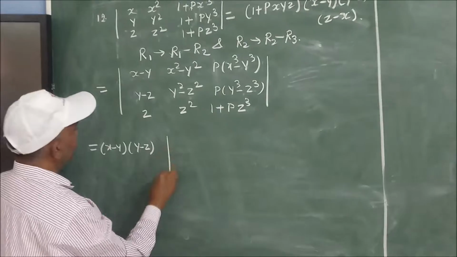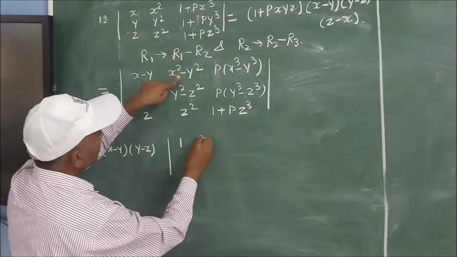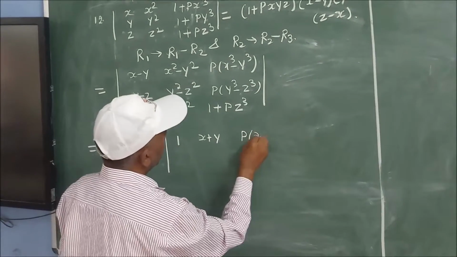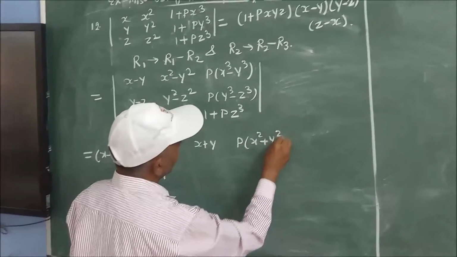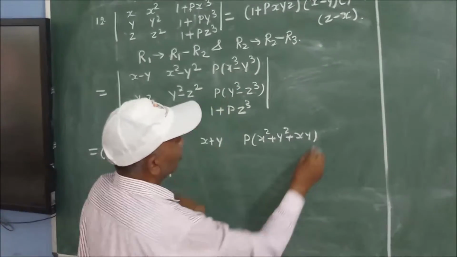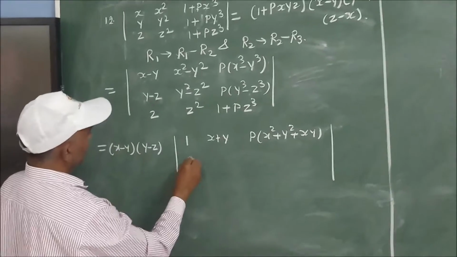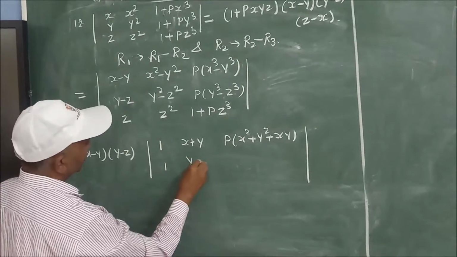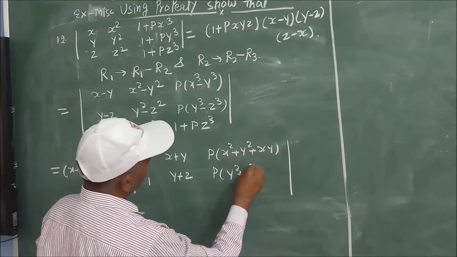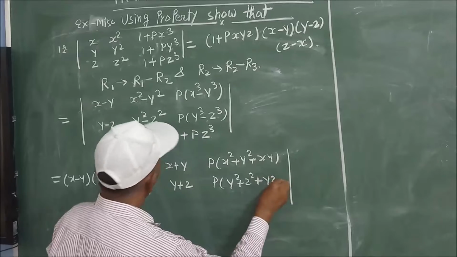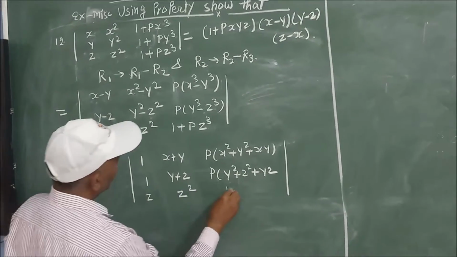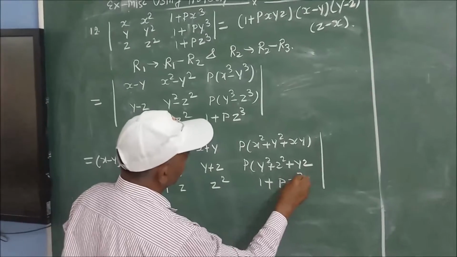So remaining term will be, here will be 1, here will be x plus y, and here will be p into x square plus y square plus xy, using the formula, and you can write here 1, here will be y plus z, and here will be p into y square plus z square plus yz, and remaining term will be z square 1 plus p z cube, like so.